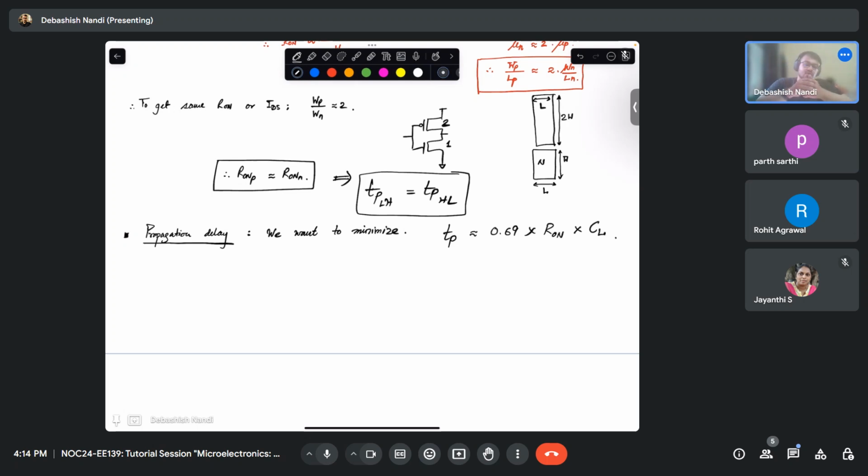So you have two controls, right? One is R on, one is CL. CL is not in your hand. CL will be mostly determined by the load capacitance. That is the other circuit. So how can you reduce R on?